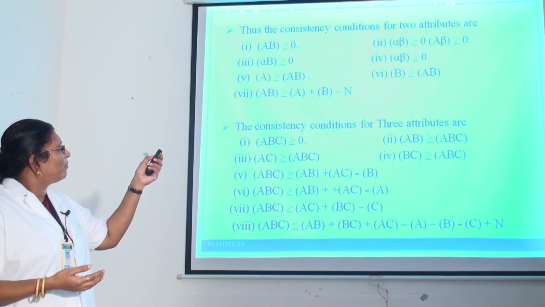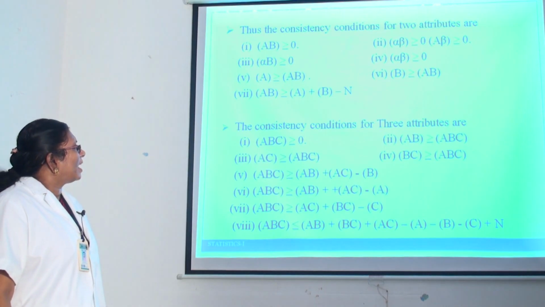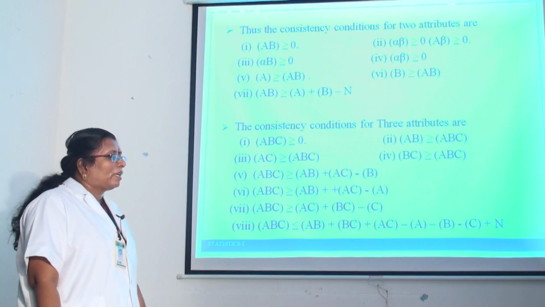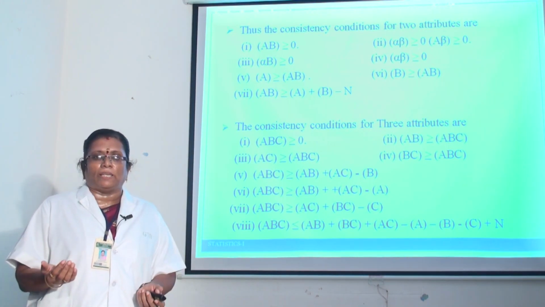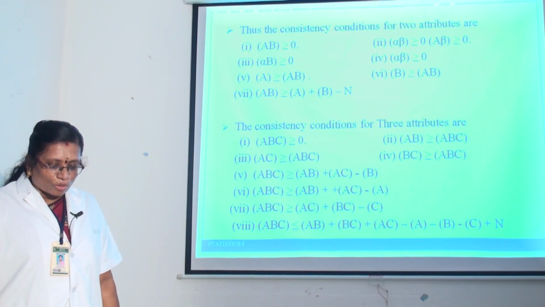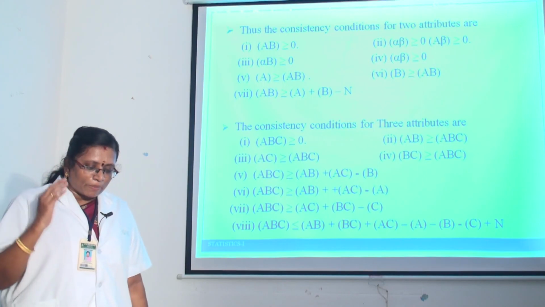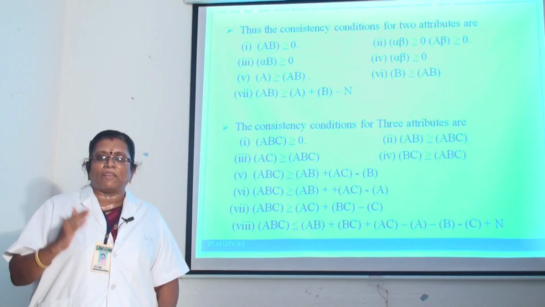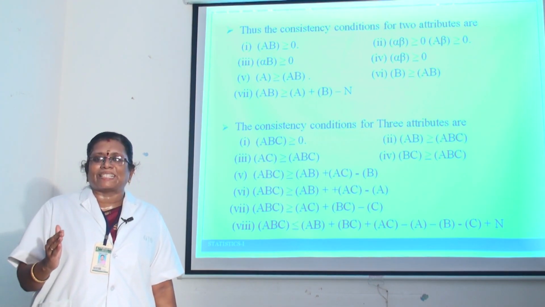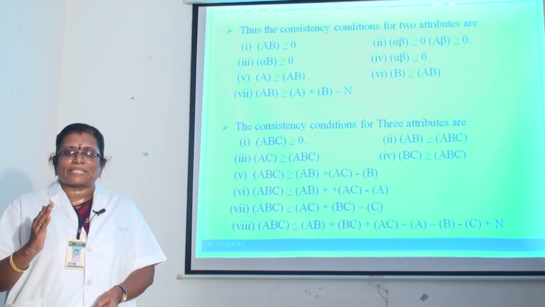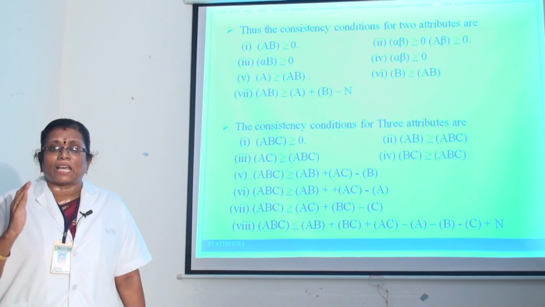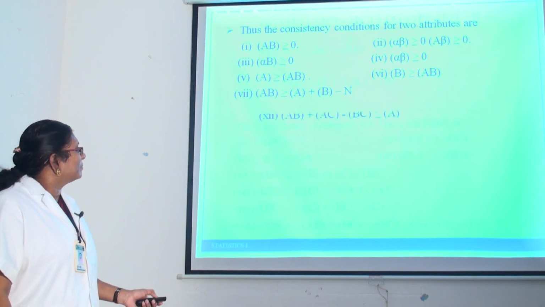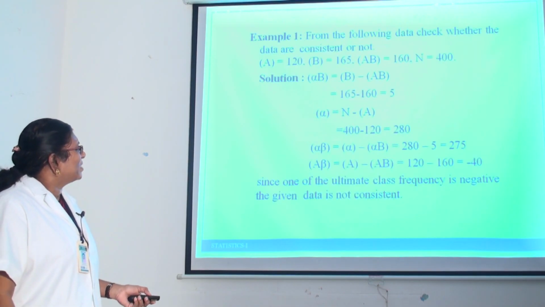The consistency condition for 3 attributes is also available. Suppose the class frequency ABC is greater than or equal to 0. The concept is the ultimate class frequency should be greater than or equal to 0. Then we can say that it is consistent. You should get this point into your mind. These are the conditions.